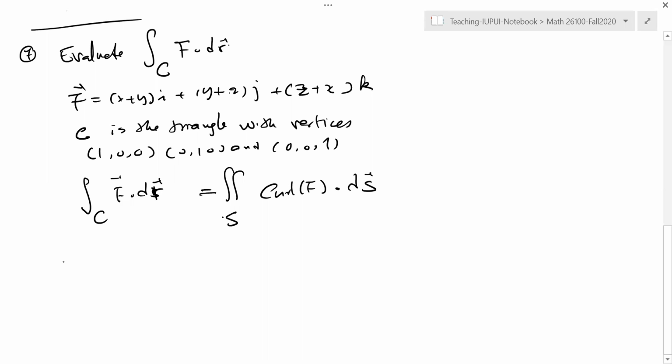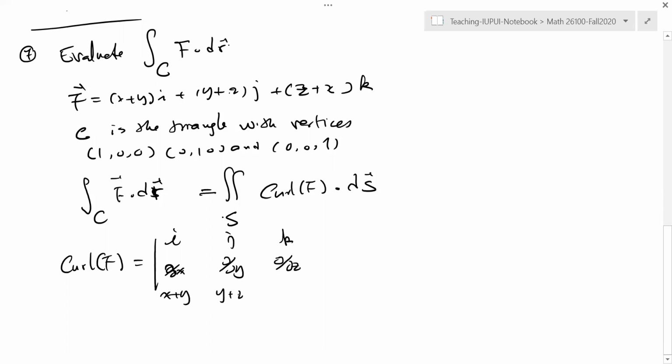So you have to find the curl of the vector field. It's the determinant with i, j, k, the partial derivatives with respect to x, y, z, and here x plus y, y plus z, z plus x.